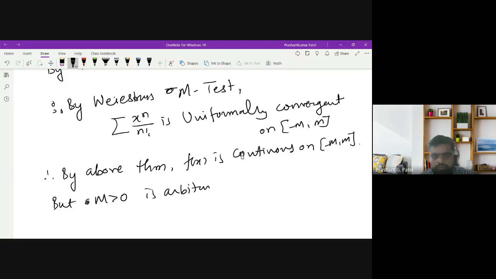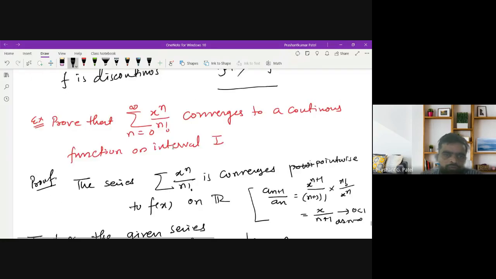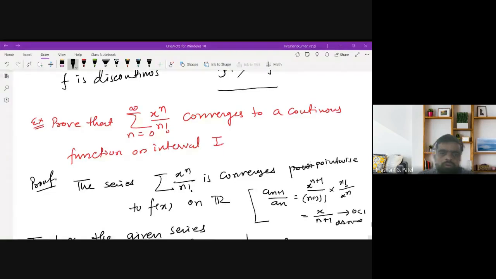So I can say that this function f is continuous on any value in R. And this completes the solution for this example also, which tells you that under the uniform convergence of a series, the limit function is also continuous. If you have any question, you can ask till now.